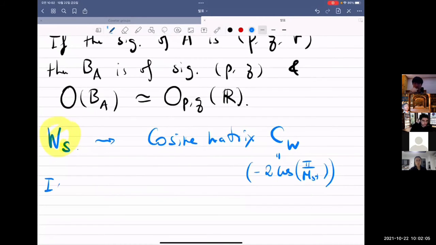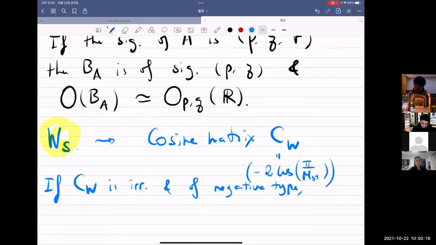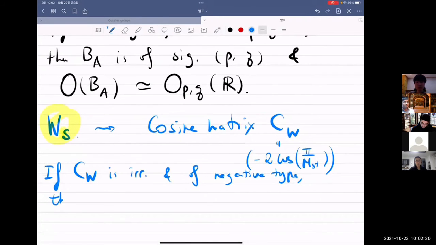So if this cosine matrix is irreducible and of negative type, then there is sigma_CW, right?